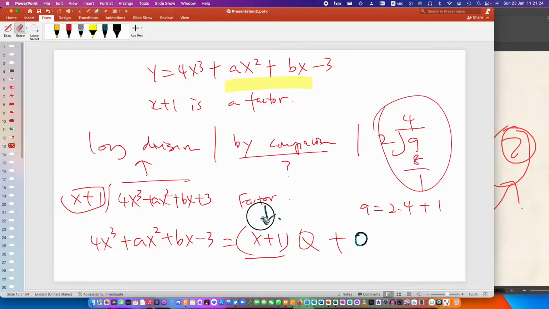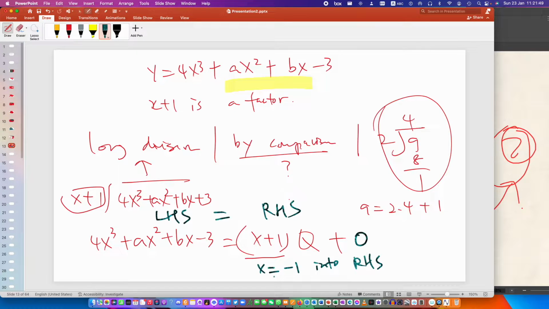So now, with this, I think you can do something. This is the right hand side, this is the left hand side. So you put x equals -1 into the right hand side. What do you get? You get 0.